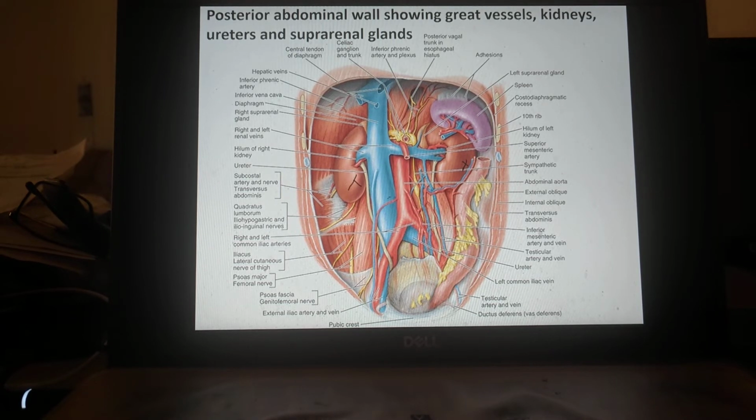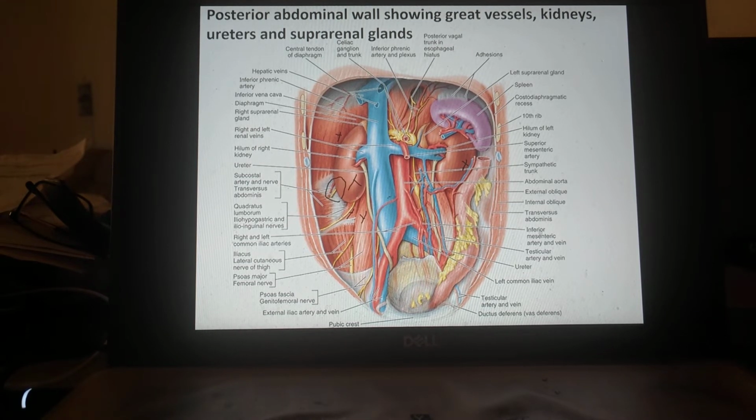What's posterior to both kidneys? You can find the diaphragm here, and the muscles quadratus lumborum, psoas major, and psoas minor. You can find some nerves from the lumbar plexus, for example the iliohypogastric nerve and the ilioinguinal nerve. You can also find the subcostal nerve and vessels.